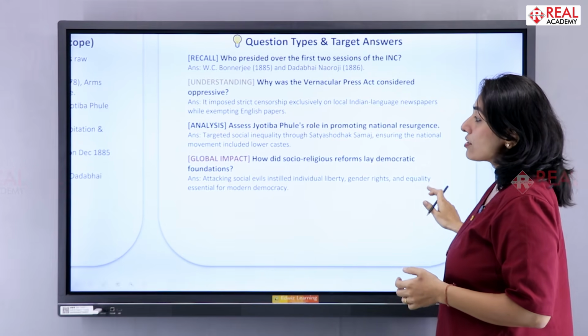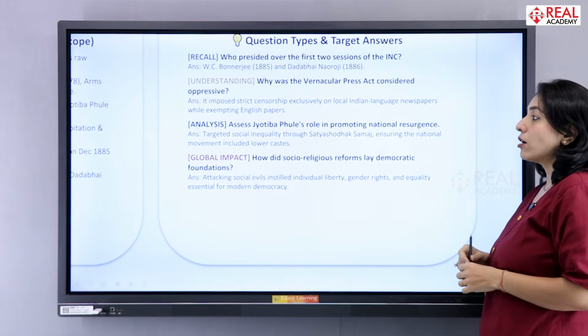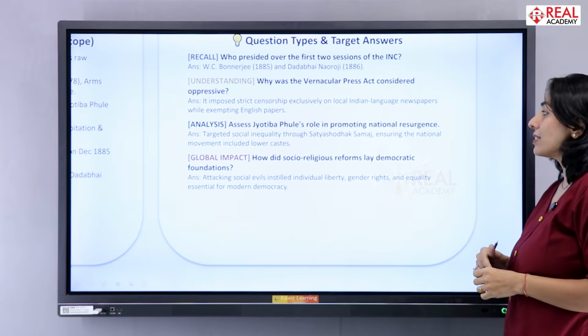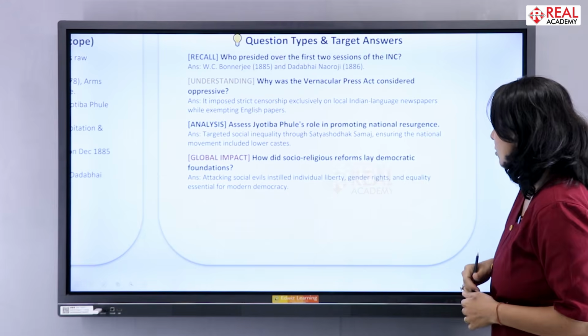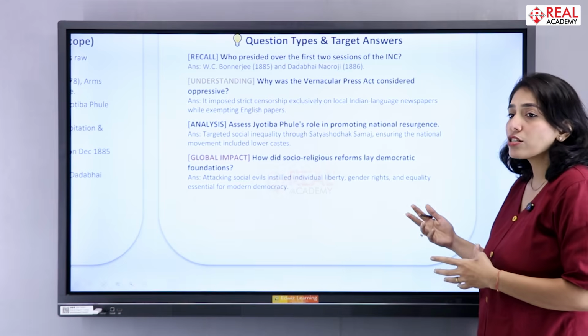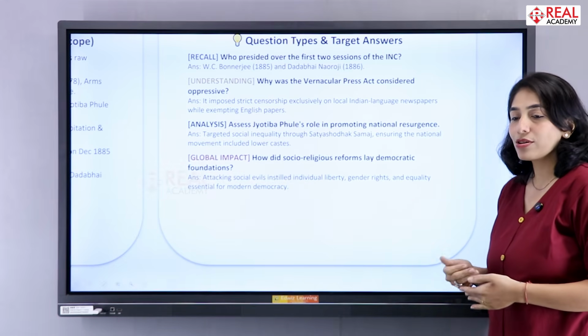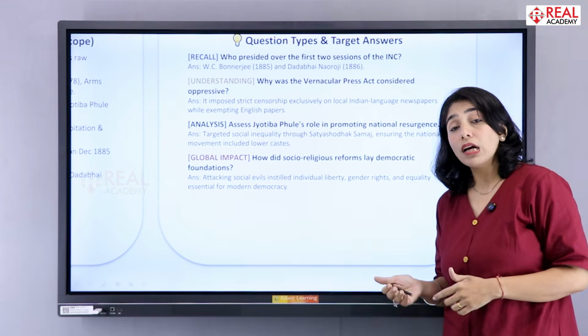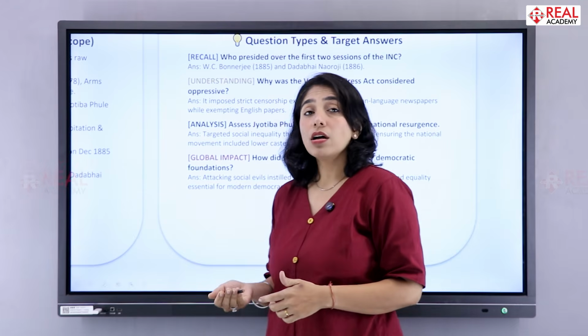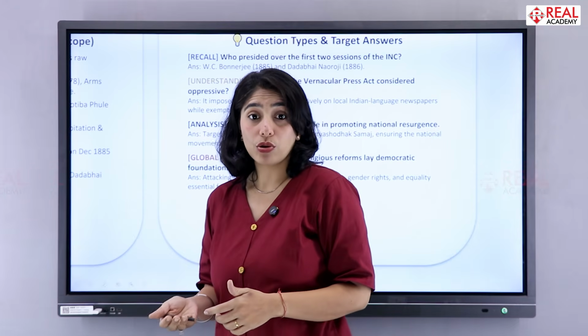All right. Next, analysis, where you talk about Jyotiba Phule's role in promoting national resurgence. So how did she play an important role? First, by coming up with Satyashodak Samaj. Secondly, you can also talk about her establishing a girls' school. Why?